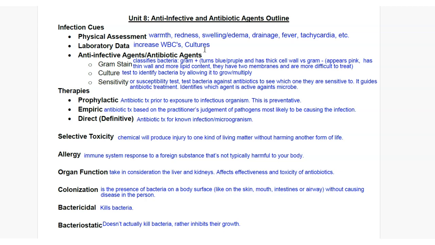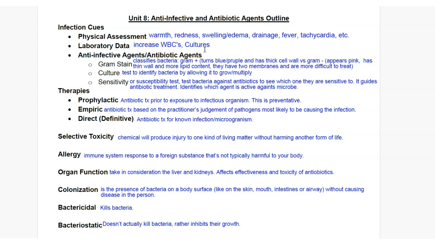This is done by allowing it to grow or multiply, usually in a dish, in an agar, or sometimes in a liquid substance. By doing that, it allows us to identify what organism is causing the infection. So this is more specific.